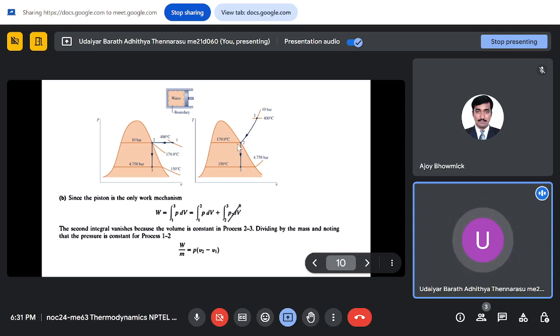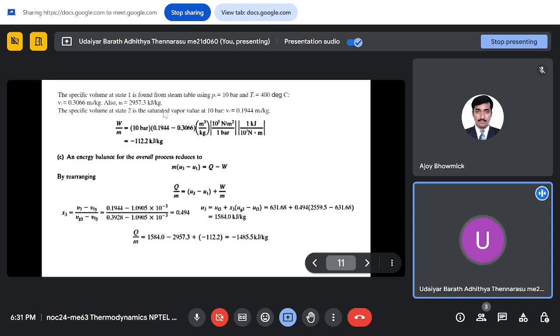From the steam table, v1 is 0.3066 meter cube per kg, and for state 2, 10 bar saturated vapor, it is 0.1944 meter cube per kg. On substituting in the equation, we find that the work done is minus 112.2 kilojoule per kg.